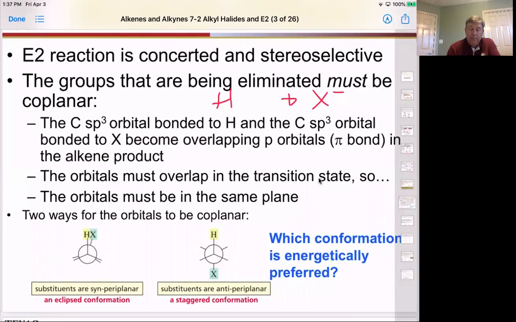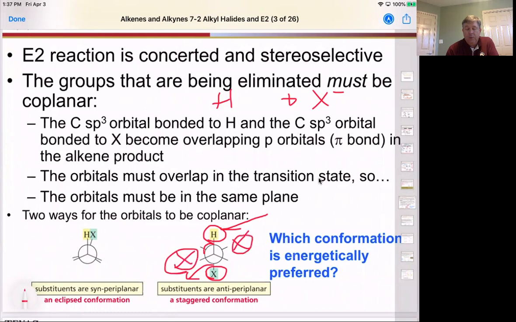You want the base to be pulling your hydrogen off of this side, having those electrons kick down and having these electrons kick out on that side. So energetically, we want our hydrogen to be anti to our leaving group. And therefore, if we can configure our situation so that happens, we tend to have it where one big group is on one side and one big group is on the other side, which is why we usually get the E configuration, because this is going to be more stable.